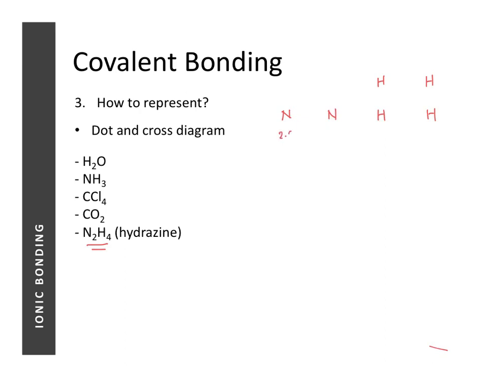Let me just very quickly write down the electronic configuration for all the atoms. From there, we can find out that nitrogen atoms need to share 3 electrons, and all 4 hydrogen atoms need to share 1 electron.